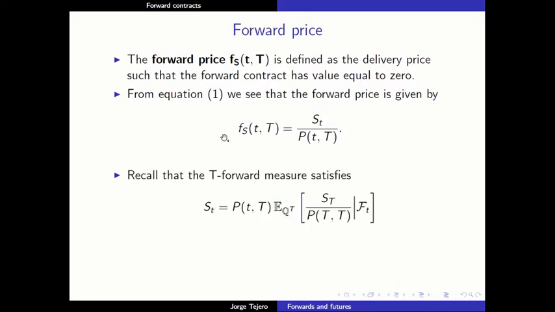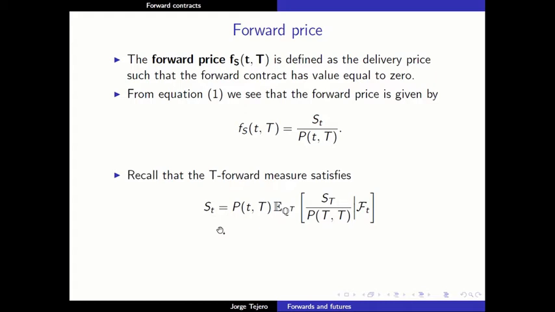Recall also that the T forward measure satisfies this equation over here, in such a way that the price of a financial asset is the expected value under the T forward measure of the future price times the zero coupon bond.